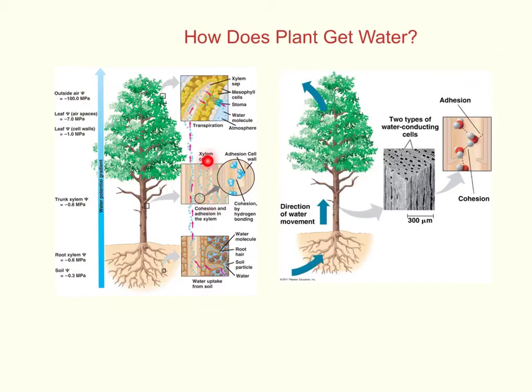The phloem as well actually has a two-way opening, but the adhesion sticks to the side of the wall, allowing the water to be moved slowly from the roots all the way up to the very tips of the leaves.